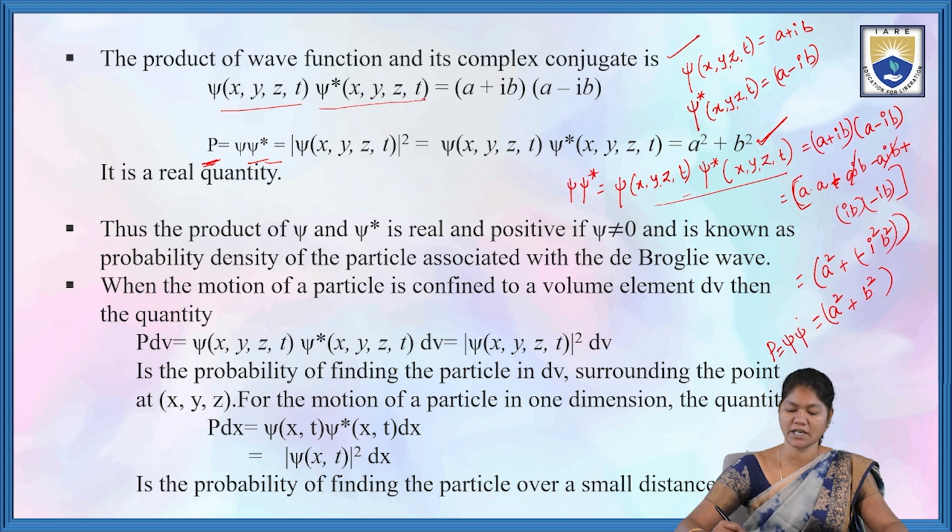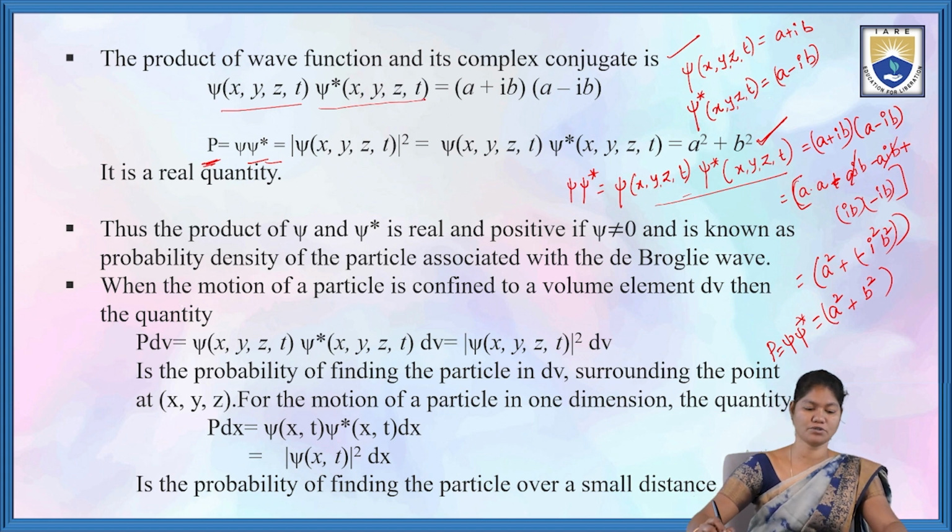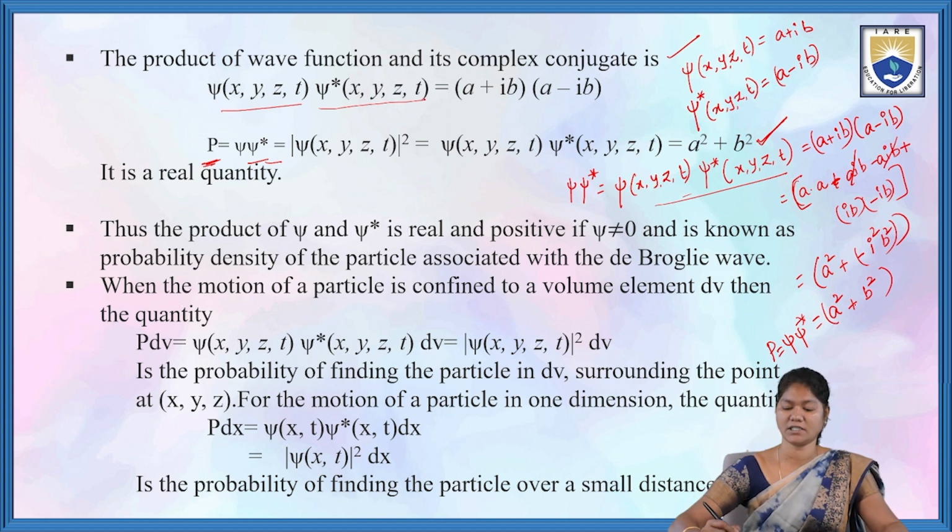So psi star psi is equal to a square plus b square. It is a real quantity.